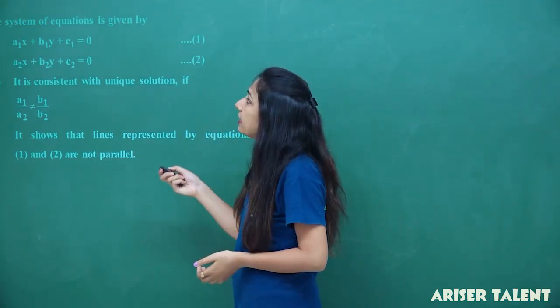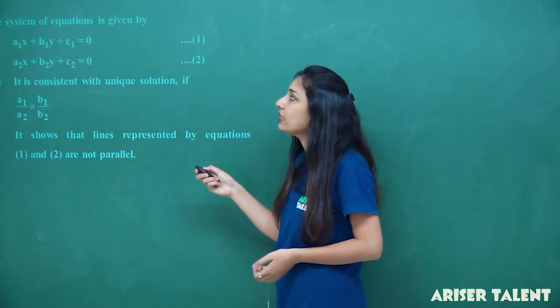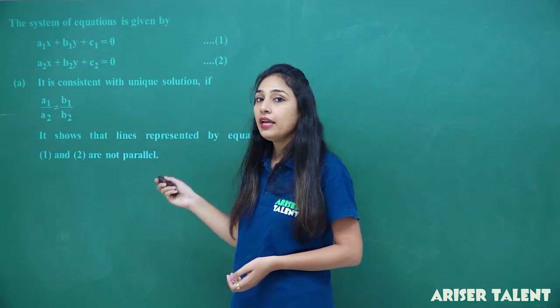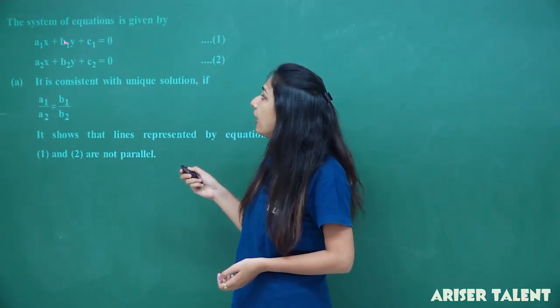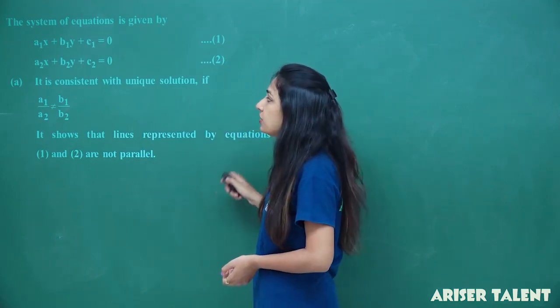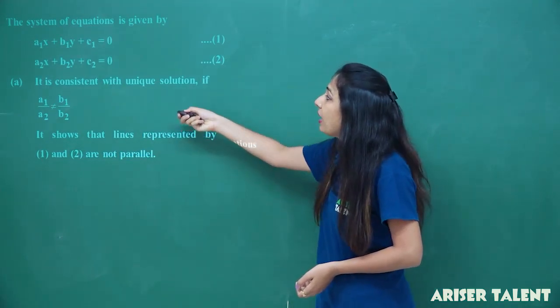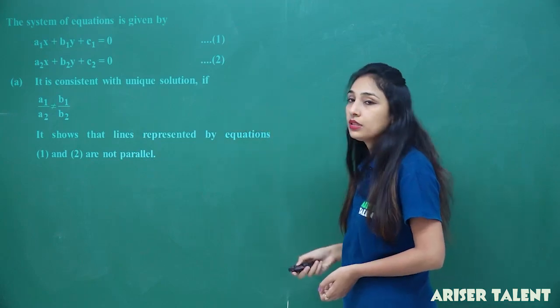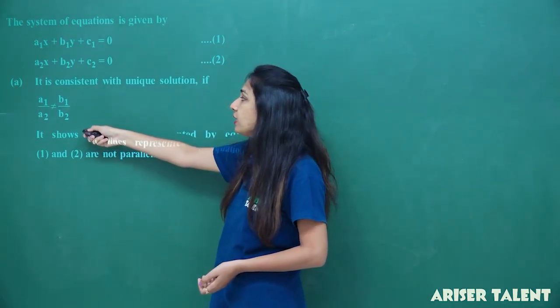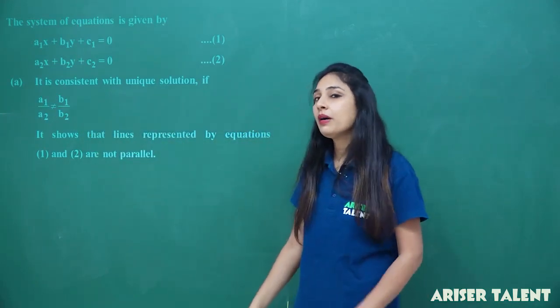Right. The system of equations, the normal equations we have here, are a1x plus b1y plus c1 equals 0 and a2x plus b2y plus c2 equals 0. These are two equations. Now, there will be a unique solution if a1 by a2 is not equal to b1 by b2.